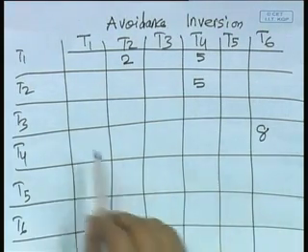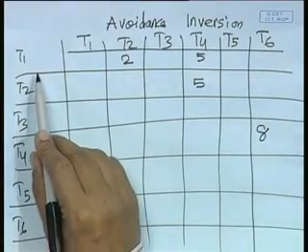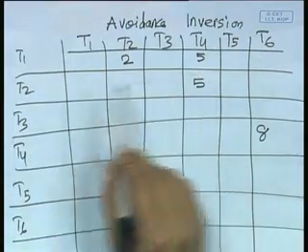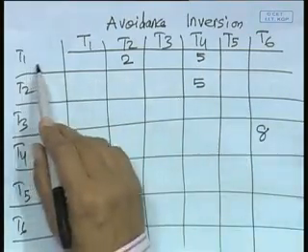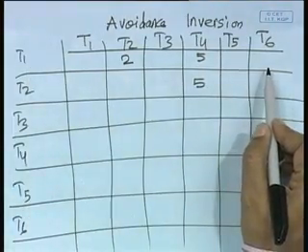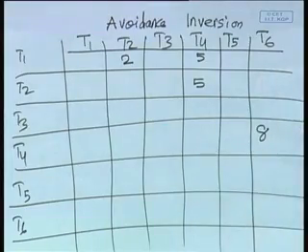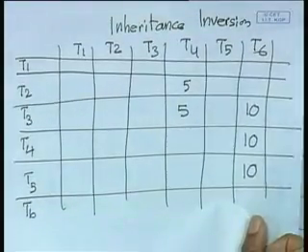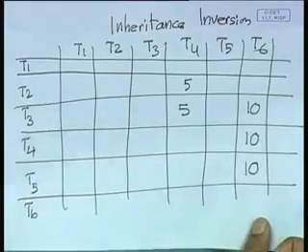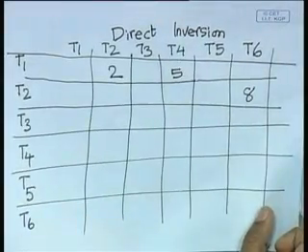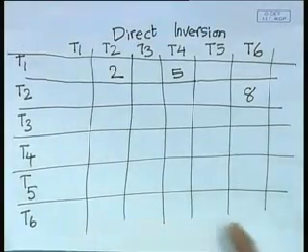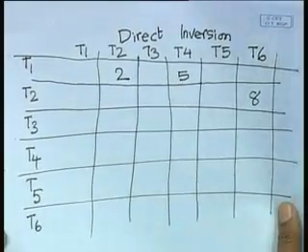And then we find out the maximum inversion for each task. For T1, the avoidance inversion maximum value is 5, it does not undergo any inheritance inversion, and the direct inversion is again 5. So, the maximum inversion for T1 is 5.